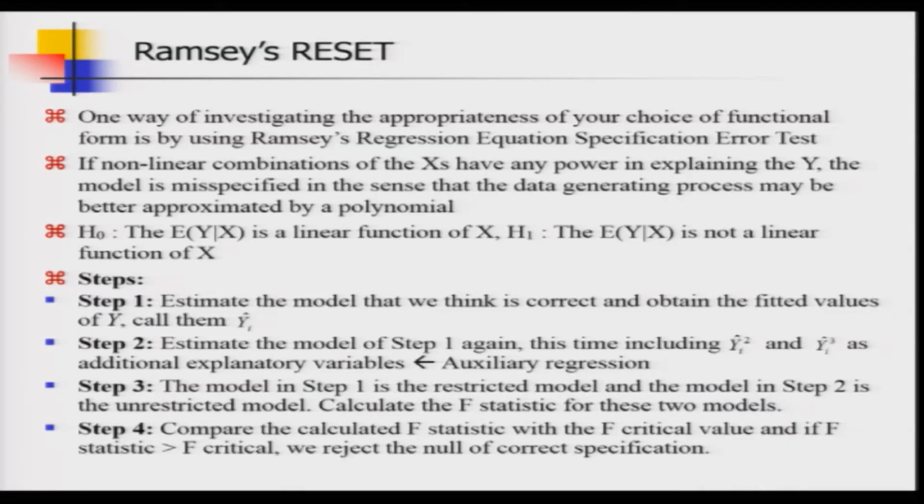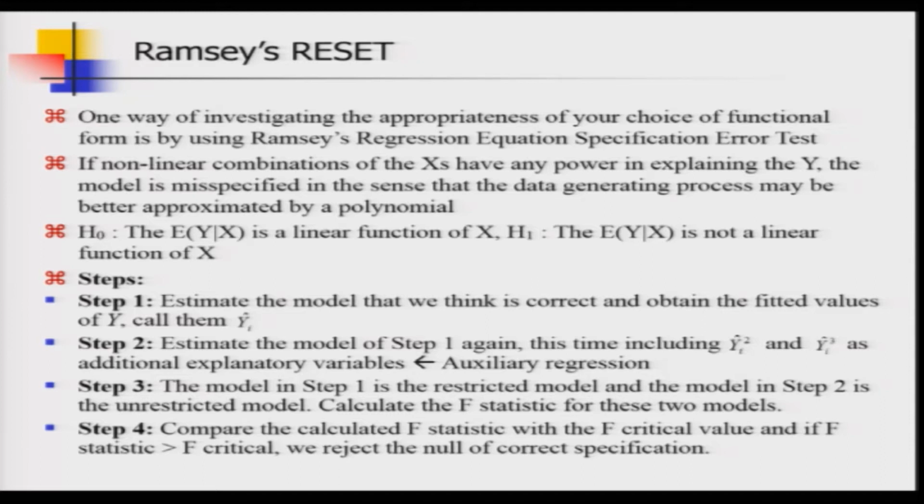Now, in this slide I am going to talk about 4 different steps that must be followed in order to conduct Ramsey's RESET. So, in step 1 you estimate the model that you think is correct and obtain the fitted values of the dependent variable, and you can call them y hat i. And then in step 2 you estimate the model of step 1 again, but this time you include the quadratic and the cubic terms of the fitted values of y.